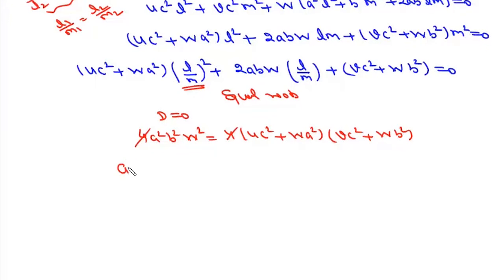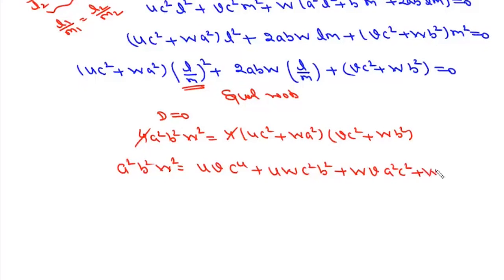Now we can write this as A square B square W square equal to UVC to the power 4 plus UWC square B square plus VWA square C square plus W square A square B square. Now W square A square B square will cancel. Now we'll also cancel this C square. So the C square will be taken common, and here will be the C square.